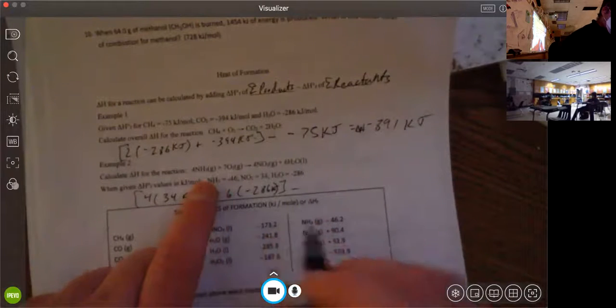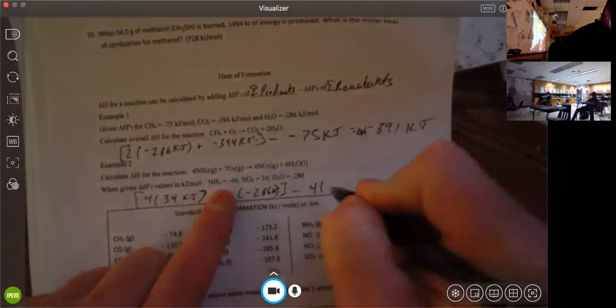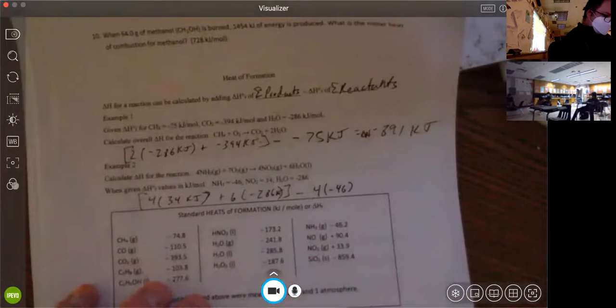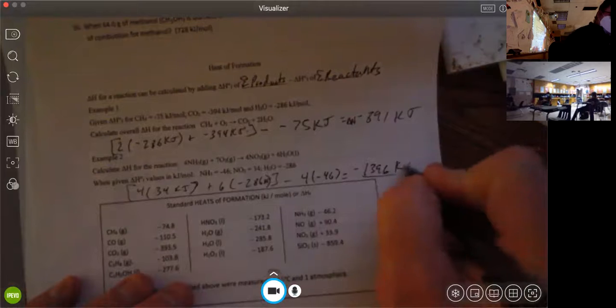All we got to worry about is the NH3. 4 times 34 plus 6 times negative 286 minus 4 times negative 46. It's negative 1,396. Boom, boom.